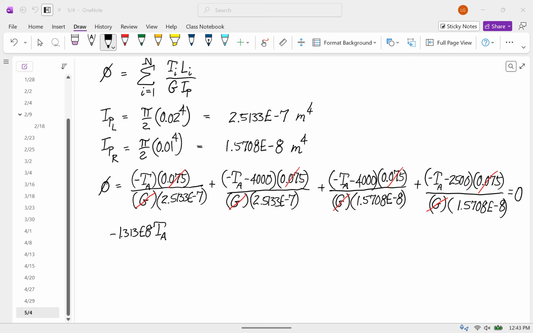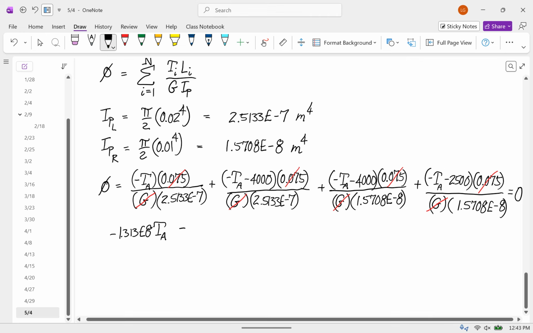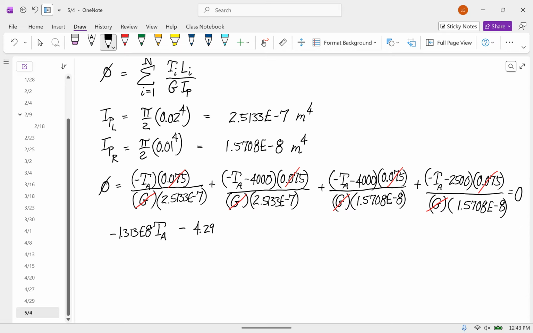Okay, so minus 4.2972 times 10 to the 11th is equal to 0. And so TA is equal to negative 3272.8 Newton meters.